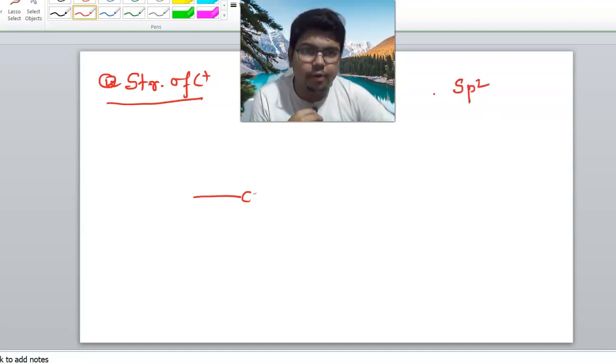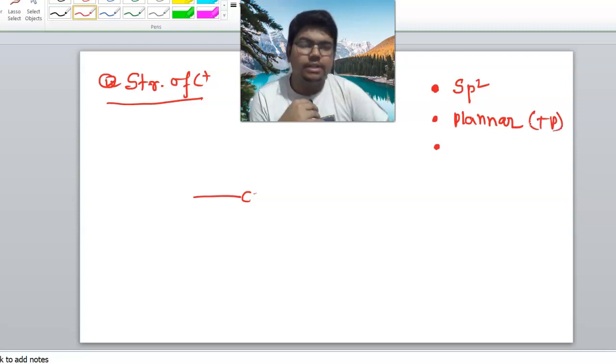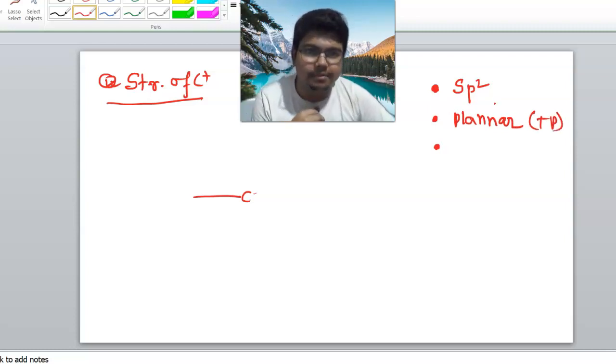First point you can write: sp2 hybridized. That means carbocation is planar. sp2 means planar, and more specifically trigonal planar, right? The corresponding geometry or shape of sp2 is trigonal planar. Next, as it is sp2, the bond angle will be 120 degrees.